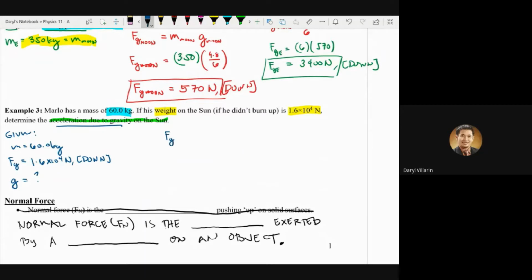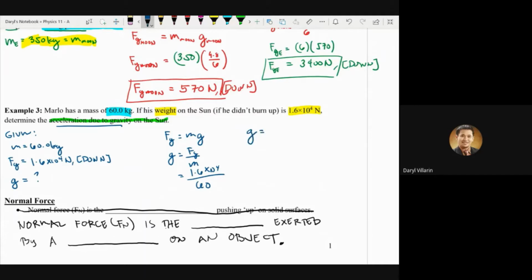So our starting equation would be Fg equals mg. So g is just equivalent to Fg over m. That would be 1.6 times 10 to the power of 4 all over 60.